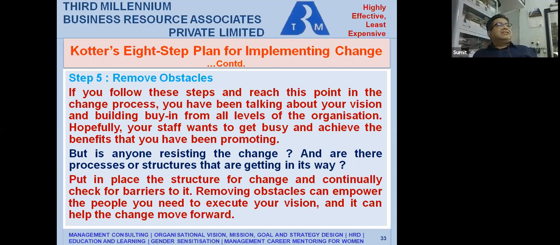But in spite of that, whenever you are proceeding, there will be some who would be resisting it. Identify those people, identify the processes or structures that are coming in the way, and therefore the last para, put in place the structure for change and continually check for barriers to it, remove obstacles. Removing obstacles can empower the people you need to execute your vision, and it can help the change move forward. Right?